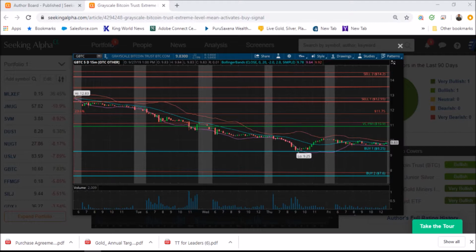On the 26th, the market did come down to the buy level, which is a time to enter the market and to go long. The low of 925 on the 26th, the buy one level of 925, as you can see, the price activated a buy signal, a long trigger.